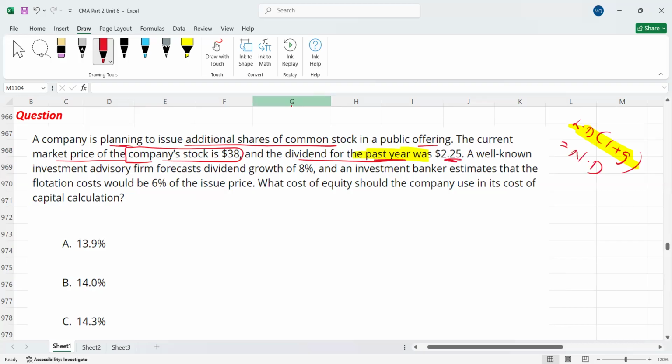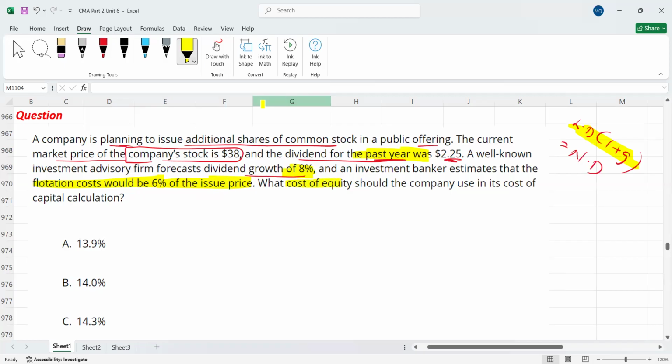A well-known investment advisory firm forecasts dividend growth of 8%. This is the growth. Investment bankers estimate that the flotation cost would be 6% of the issue price. This is the flotation cost, which we will use to calculate net issue proceeds.